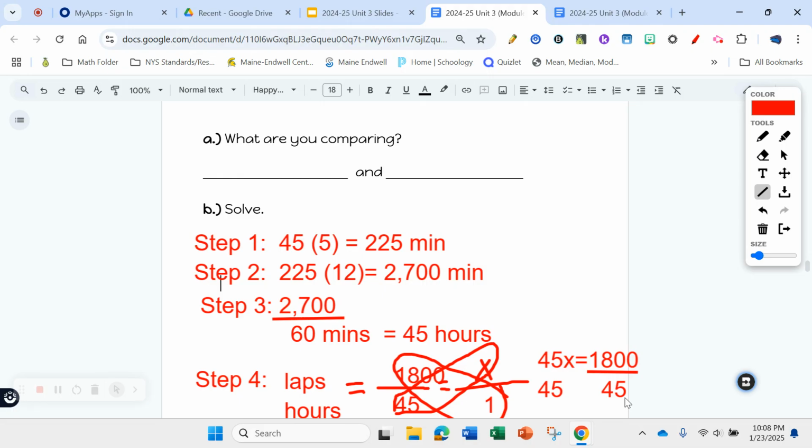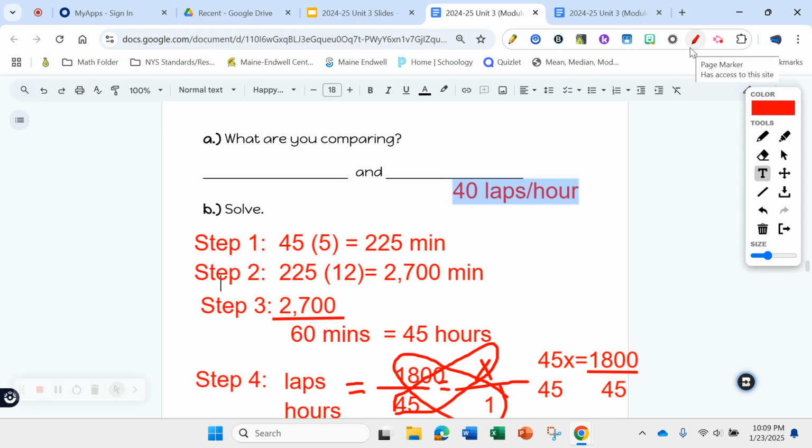No, 40 laps per hour is the answer for this. That's nuts. That is your answer right there, guys. That's a lot. That's why we don't do this often, because I don't want to burn you out. Look at all that gorgeous math work.